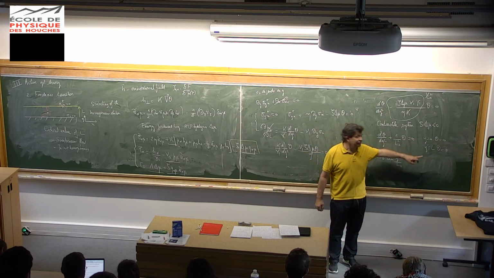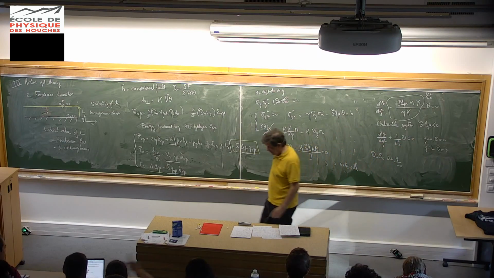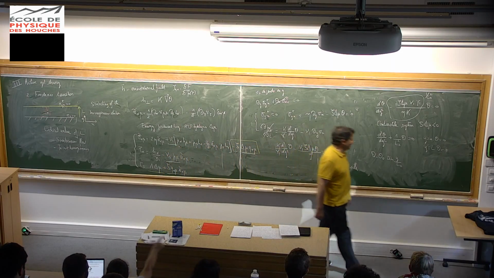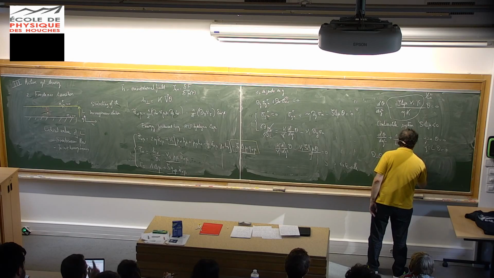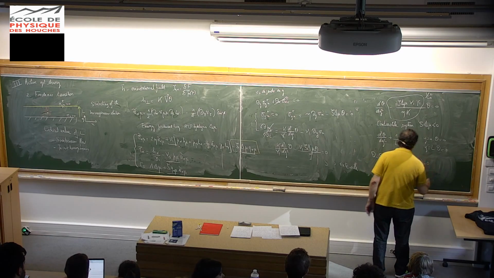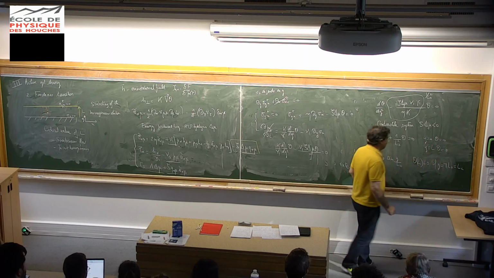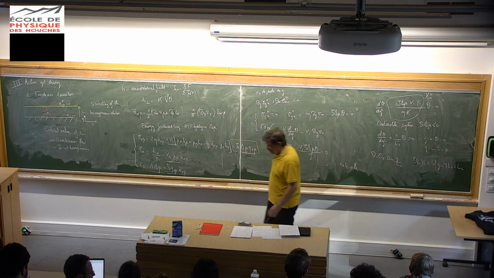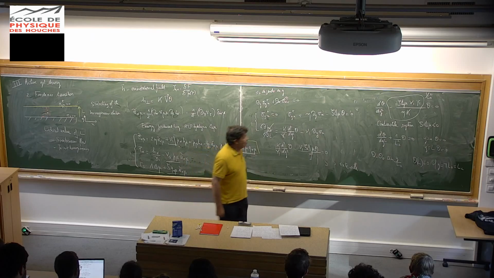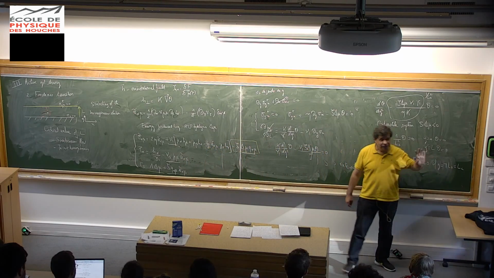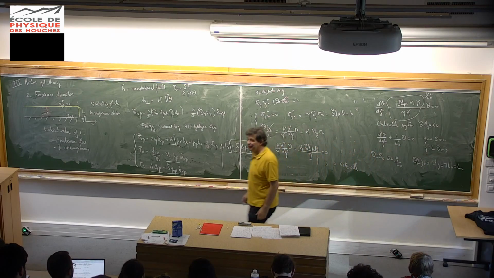I impose this condition, but then I cannot impose the other one. So as long as L is smaller than LC, there is no way I can impose a boundary condition at y equals L, and the only solution to this problem is theta equals 0.